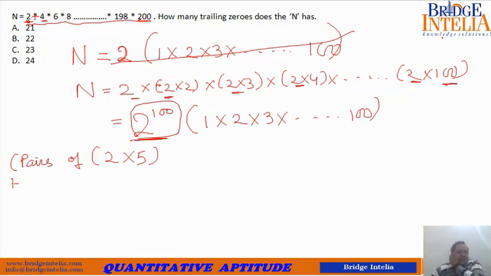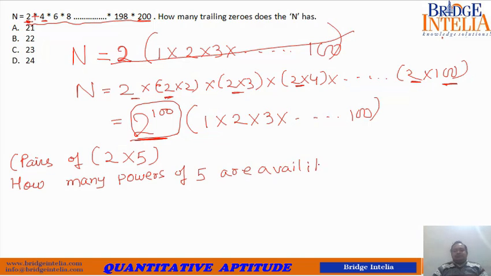So let's find out how many powers of 5 are available, because there are sufficient number of 2's. Now partner is available. Let's find out the second partner. Second partner means 5.